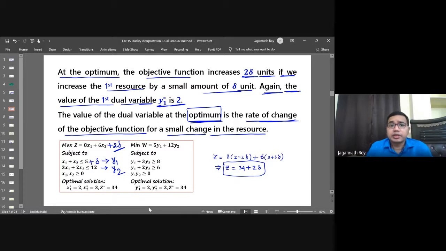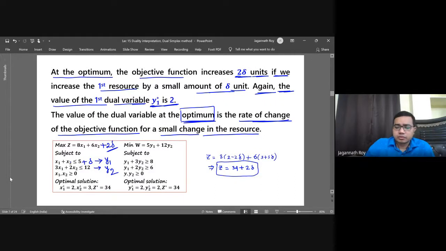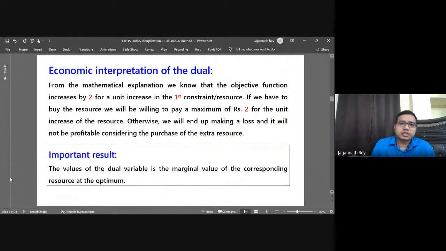Now what is the interpretation of these dual variables in the economic sense? Let us understand. Just now we have seen the 2 unit increase in the objective function for 1 unit of change in the first constraint.